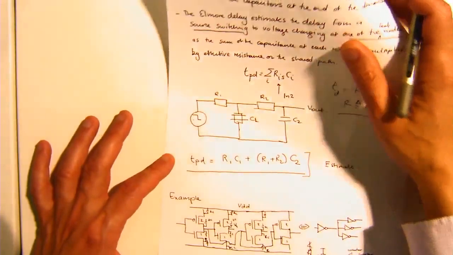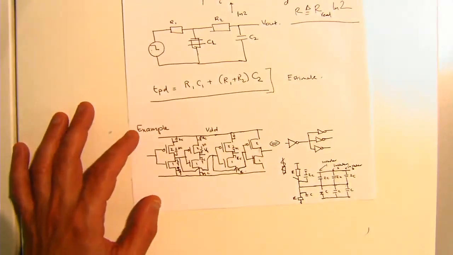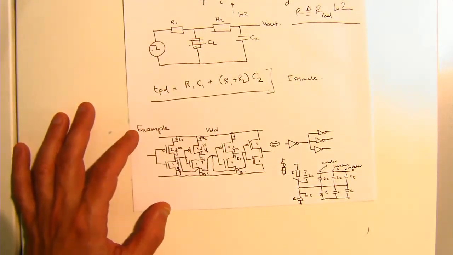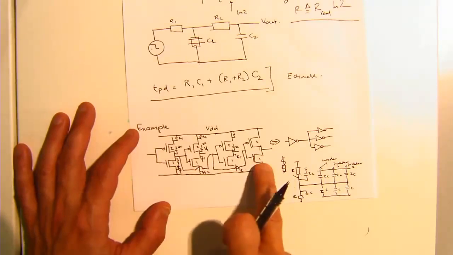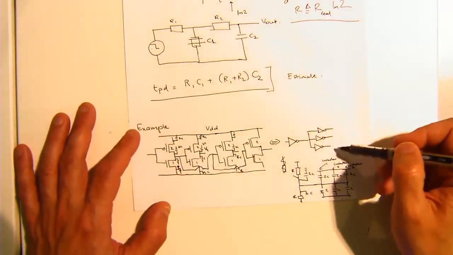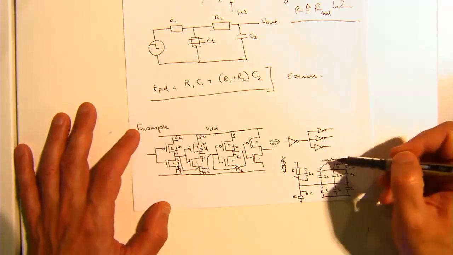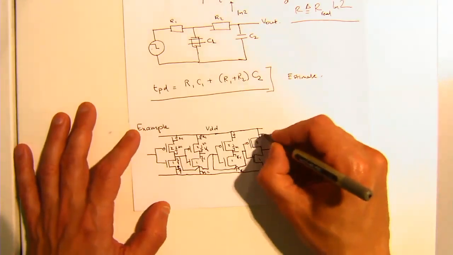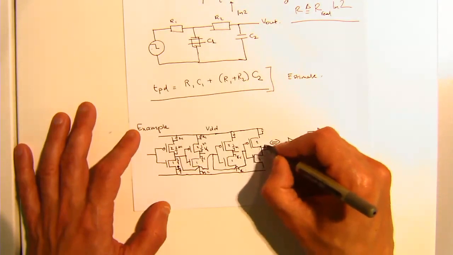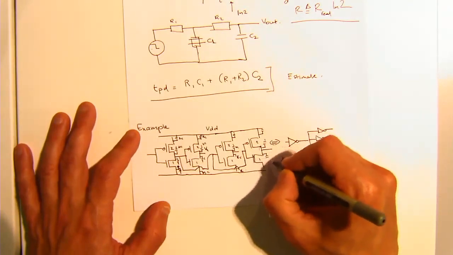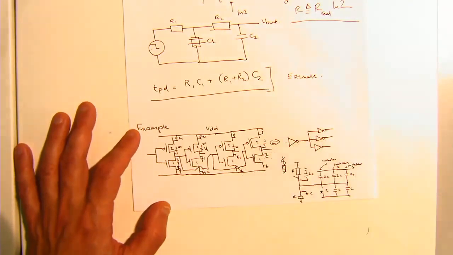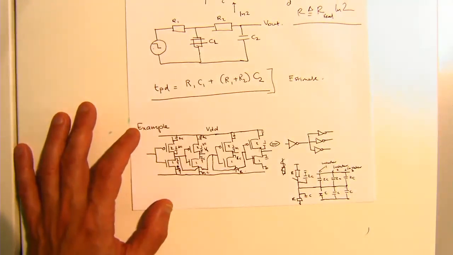So what I did here is looked at the following situation, and it was, let's look as an example where I have one inverter that's driving 3 inverters. So let's go through and analyze this circuit. Can people tell me what are all the capacitances and all the resistors that I would expect?